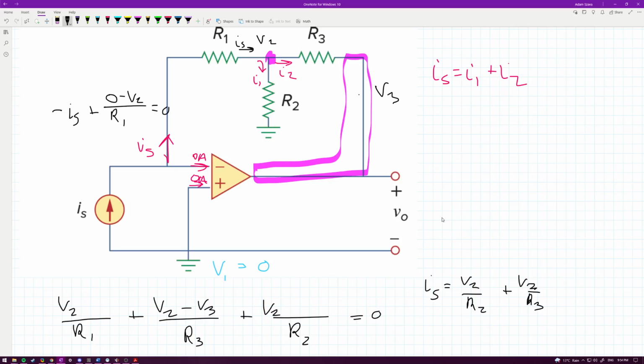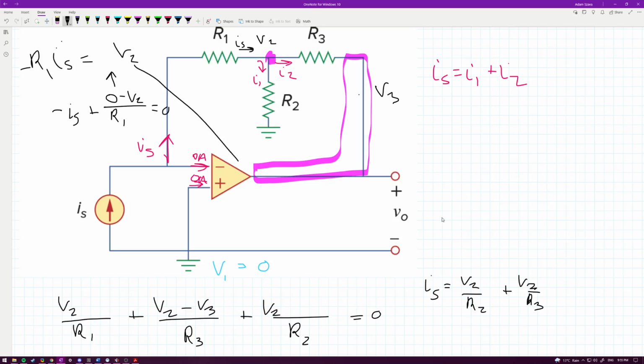And then I can solve for V2. So R1 IS equals negative V2. Sorry, going backwards there, I know it's weird going up the page. But that's what we get out of that. That is right. So V2 is that.